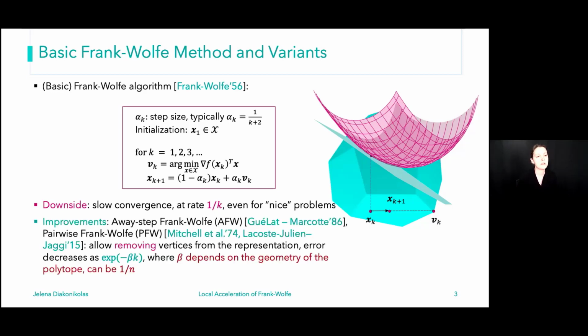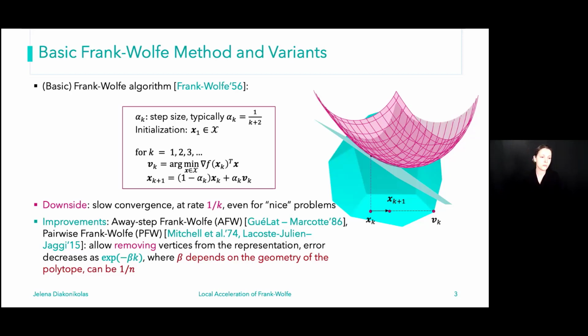Now, there has been a lot of work on improving the convergence of Frank-Wolfe methods, starting since at least the 70s. One way you improve the convergence is by also allowing to remove some of the vertices, because in the standard method, you may add the wrong vertex that takes a very long time to wash out. And that's what causes this 1 over k convergence rate.